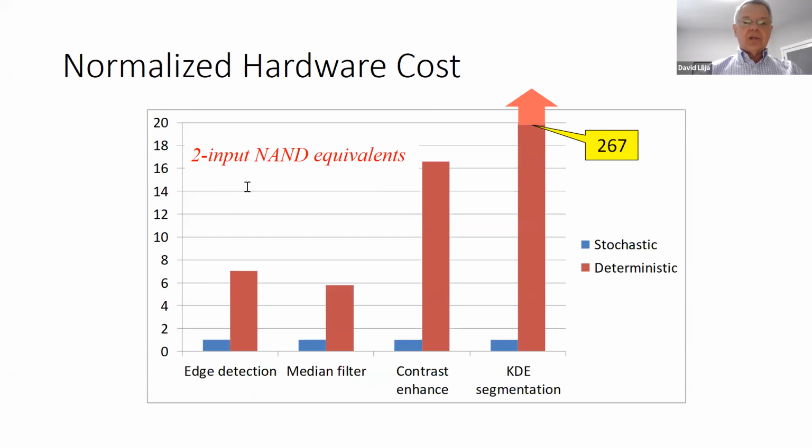That's the deterministic implementation, the conventional approach. The median filter, it's about 6 times more hardware. The contrast enhancement is about 16, 17 times more hardware. And for that image segmentation, it's about 267 times more hardware in terms of NAND gate equivalents. So the cost for doing that image segmentation stochastically comes down by a factor of 267.